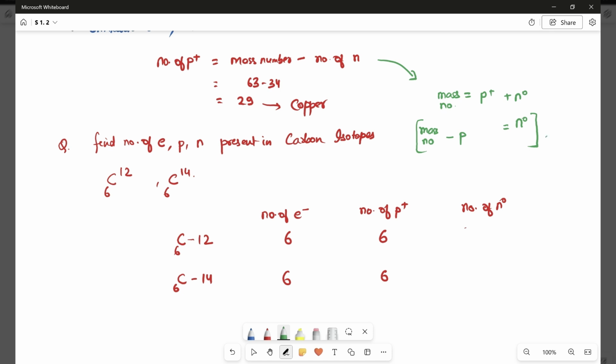So if I put in this formula, we get the neutron number: mass number 12 minus 6, this is 6. 14 minus 6, this is 8. So these are the numbers of neutrons. Easy to find out. With this, you will be able to calculate the number of electrons, protons, and neutrons in an atom or in an ion without any difficulty, and we'll do the next part of the topic in the next section. Thank you.